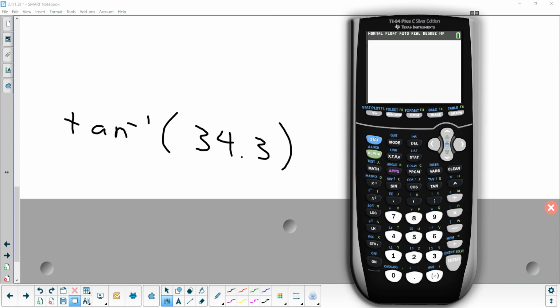So the second, and then we want to do inverse tangent. So we're just going to press the tangent. Yeah, once you press second, just press the regular trig function button. So there's my inverse tangent. And then I've got 34.3. Close it, and the answer in degrees, 88.33.